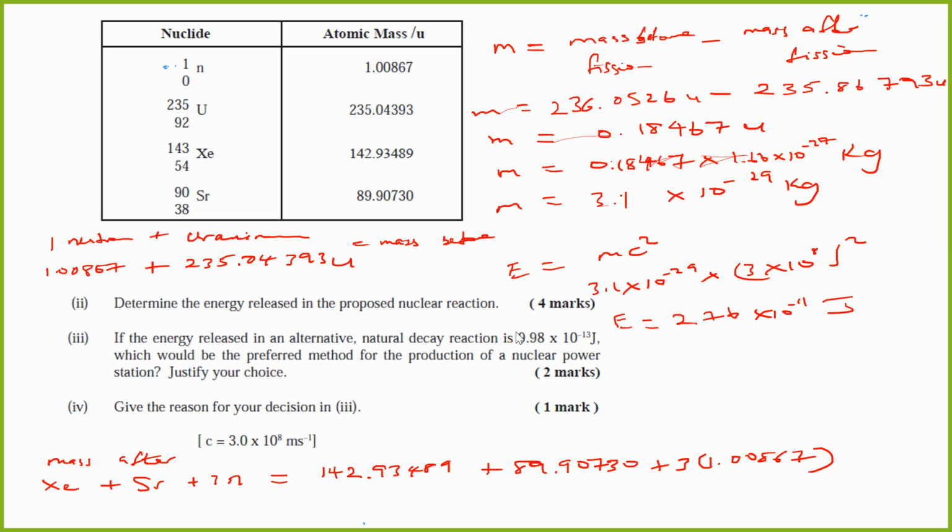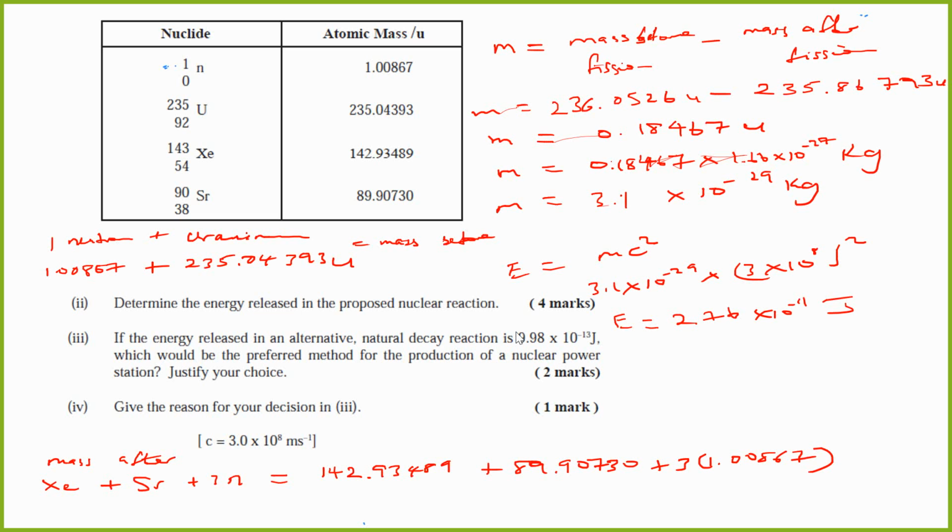Sir, repeat that please from the start. Okay. The energy that we calculated just now is the energy that would have been released in the artificial process of reacting uranium. The question is saying that an alternative method was used, which is a more natural process.